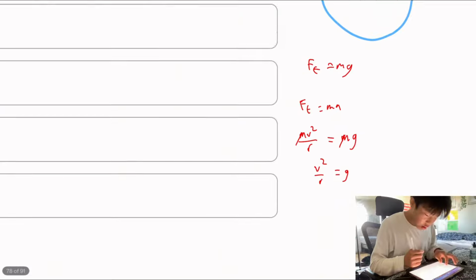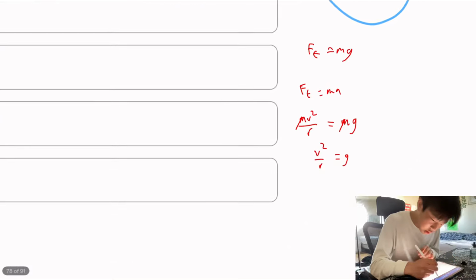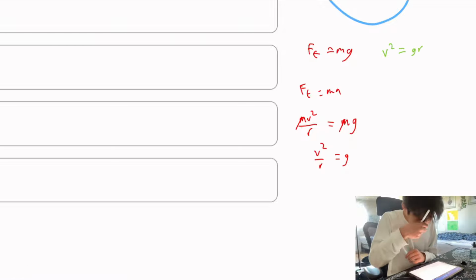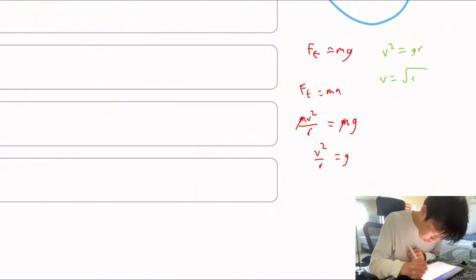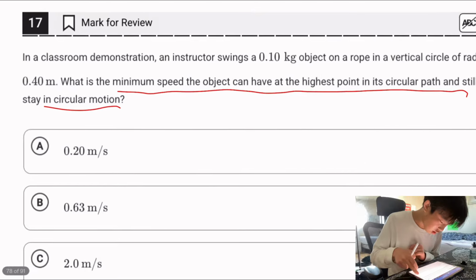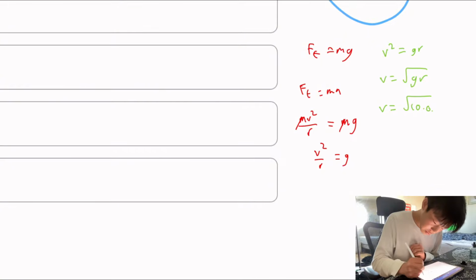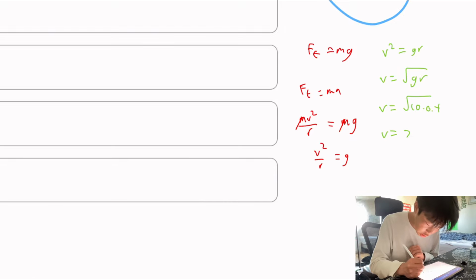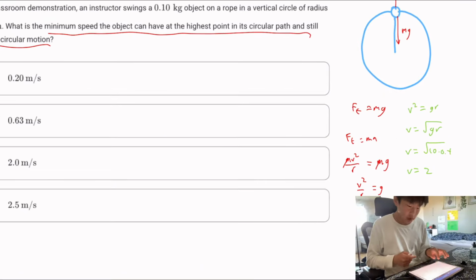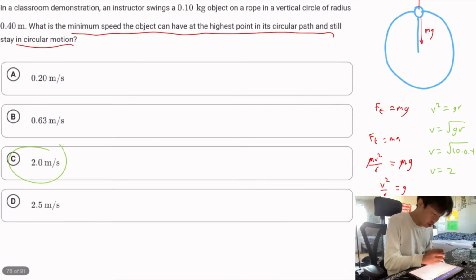V squared is what we're trying to find, actually. So V squared is equal to gr. V is equal to root gr. V is equal to root 10 times 0.4. I actually don't have this. Oh, actually it's just 2, because 10 times 0.4 is just 4, root 4, so it's going to be C.